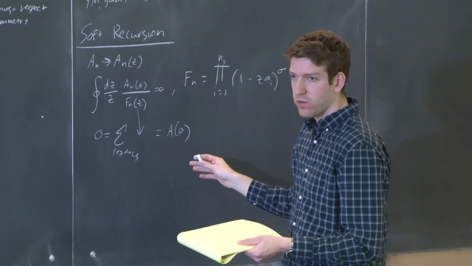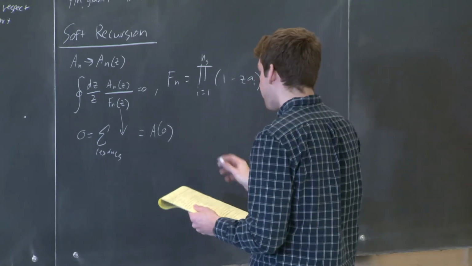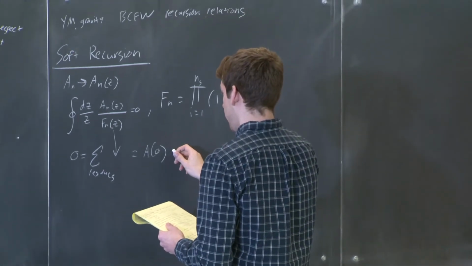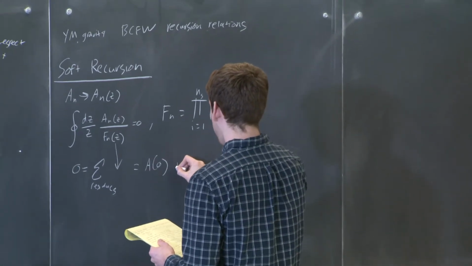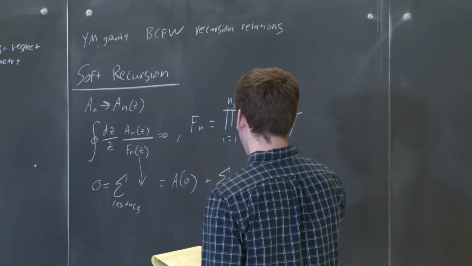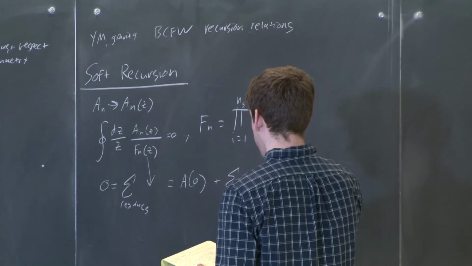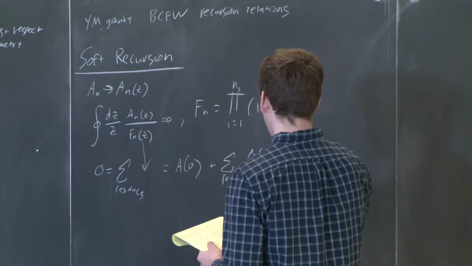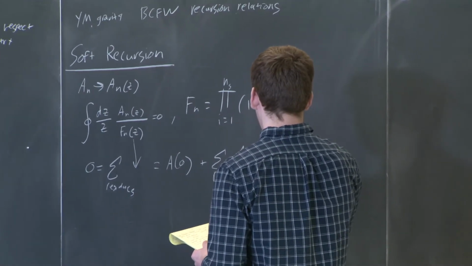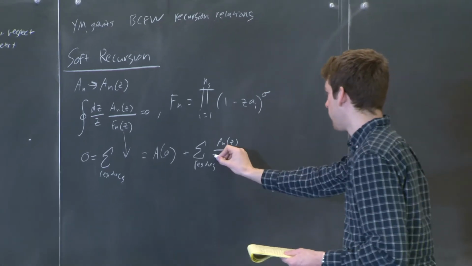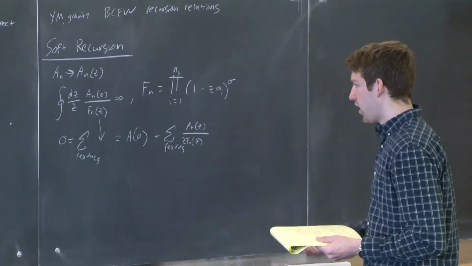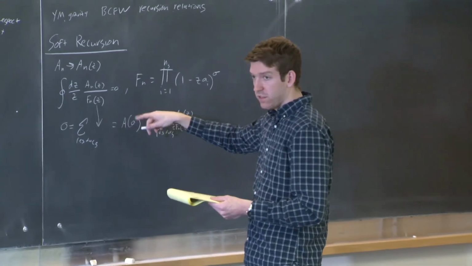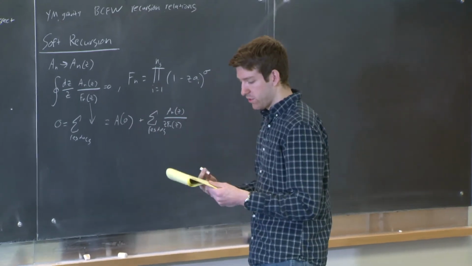So you want to compute a of 0, and so we have a of 0 plus the sum over the other residues of an z over fnz, with this extra z here. And then because this equals 0, of course, the thing you're interested in is equal to the negative sum of the residues.